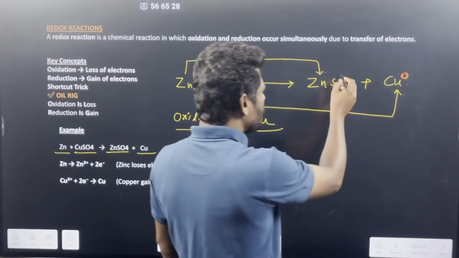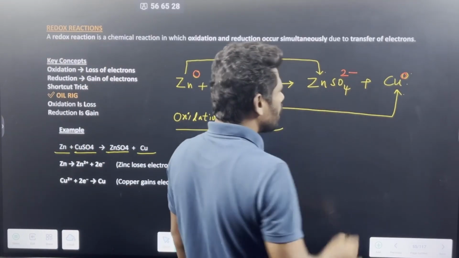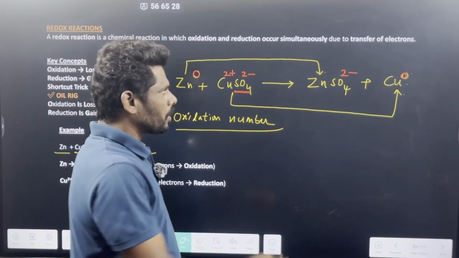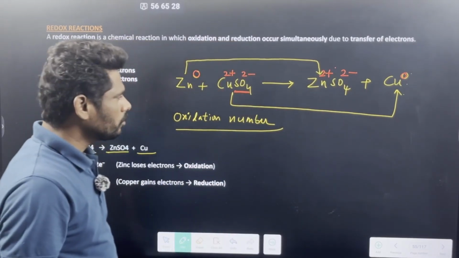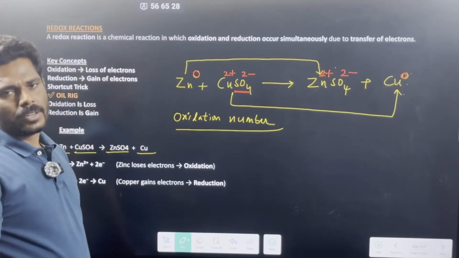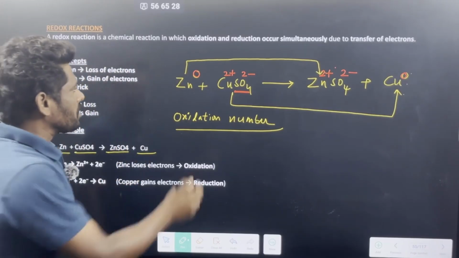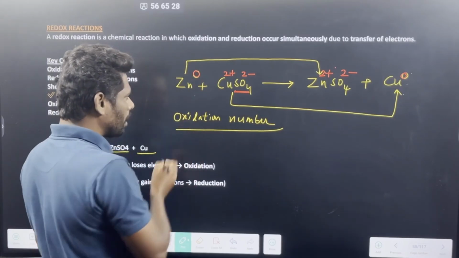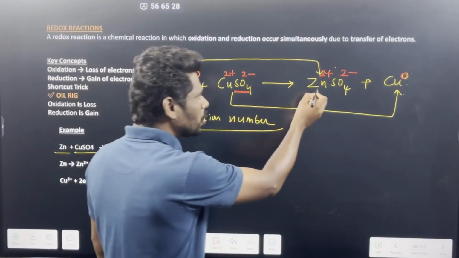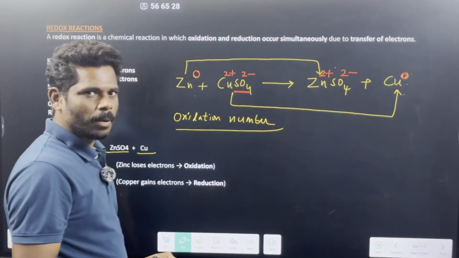Same way, coming to the zinc sulfate, sulfate carries -2, where the zinc must carry +2. Now look at the reaction. Zinc from 0 oxidation number changed to +2 oxidation number.